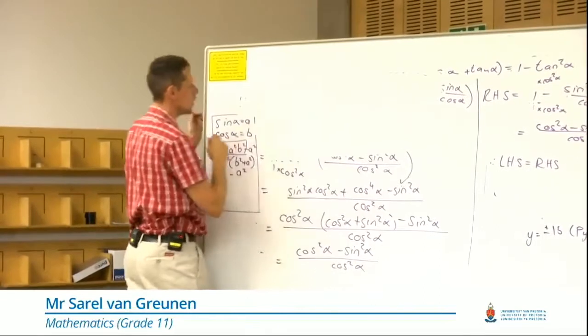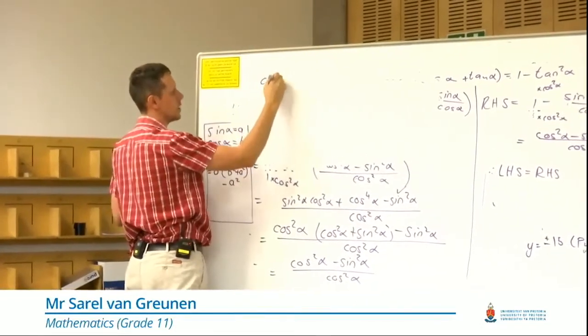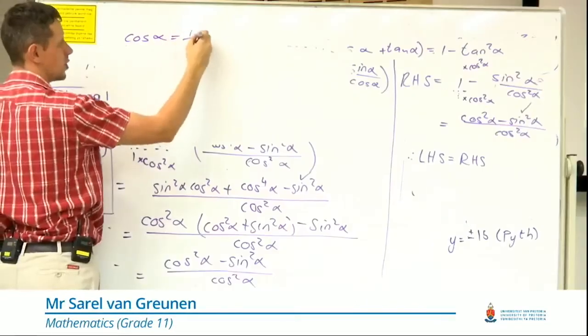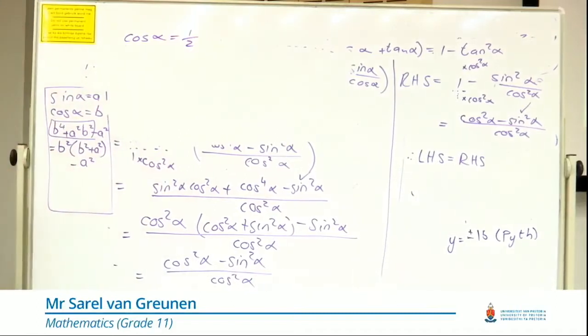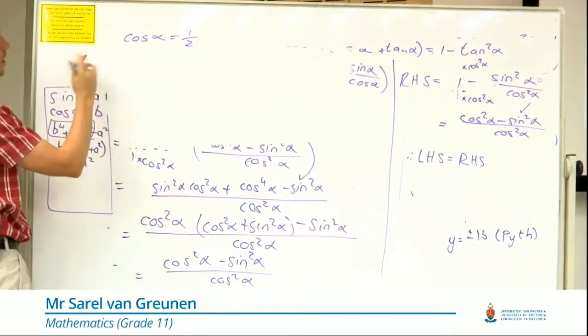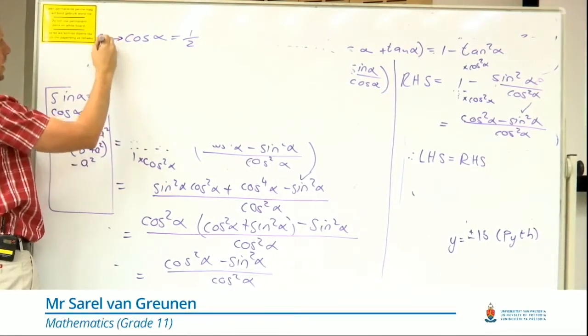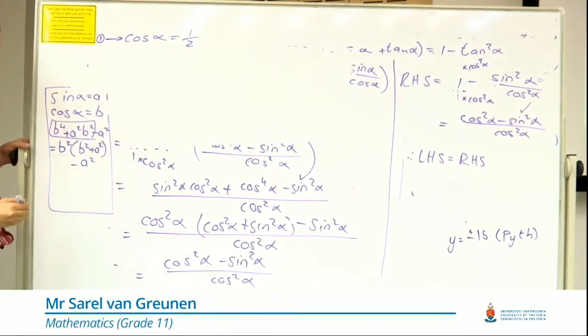Okay, now I'm not going to spend any time on this one, because you did it since grade 10, and now in grade 11, all we did was general solutions. Okay? So this is your first type you need to be able to solve.